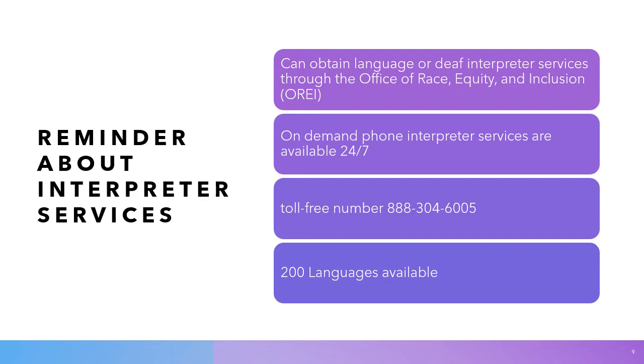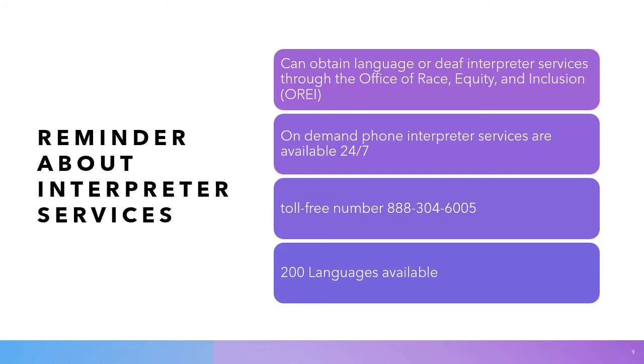Just as a reminder, a case manager can access language or deaf interpreters through the DMH Office of Race, Equity, and Inclusion, which oversees DMH's Interpreter and Translation Service Program through contracted interpreters and translators.